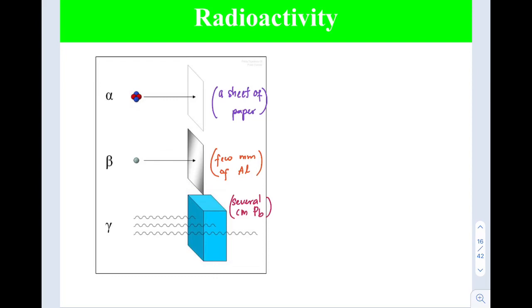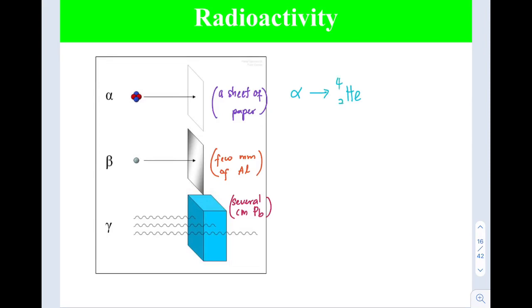So, it was discovered that the disintegration or decay process of a radioactive material produces three types of radiation. The first one is alpha, which comes from the helium nucleus.